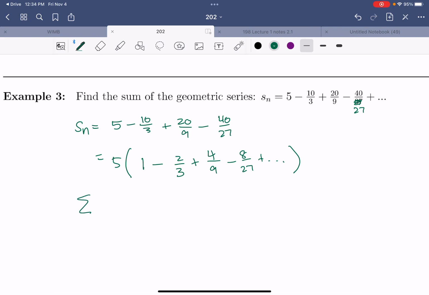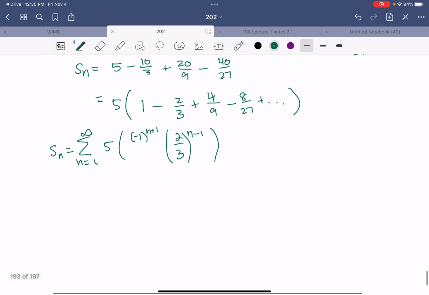So this is the series n equals 1 to infinity of 5 times, okay, so it's alternating. So I'm going with -1, but it starts out positive, so I want n plus 1 there. So it starts out positive. Then I'm multiplying by 2/3 to the n, but let's see, it starts at 0, so it's n minus 1. Okay, so that's my series.